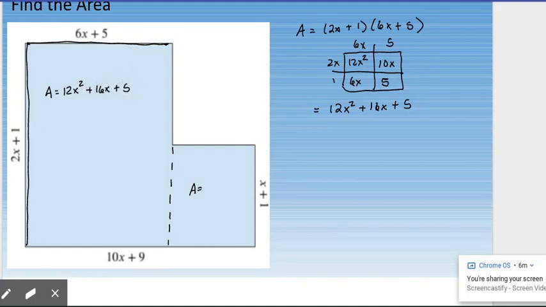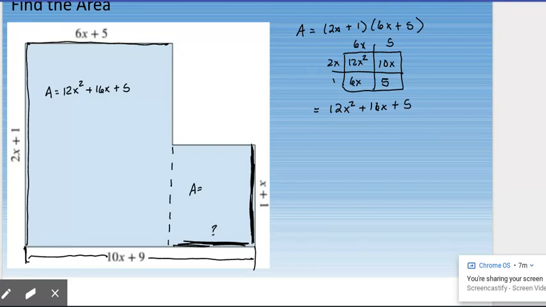Now, the tricky part with this second one is I know this side, but I don't know what this little piece of it is. I know the whole thing is 10x plus 9, but I don't know what this part is.